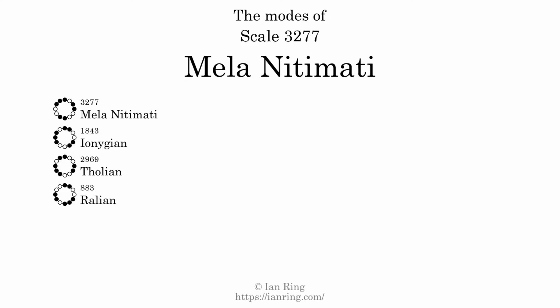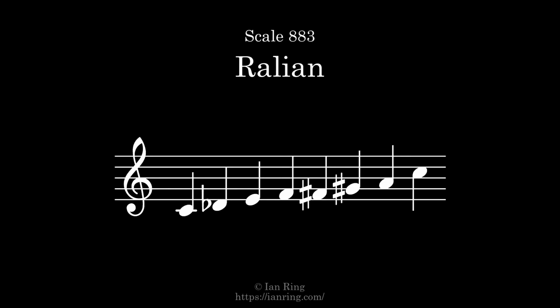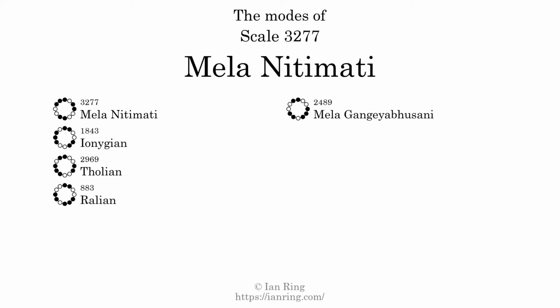The fourth mode is scale 883, also known as Raelian. It sounds like this. The fifth mode is scale 2489, also known as Mela Nitimati. It sounds like this.